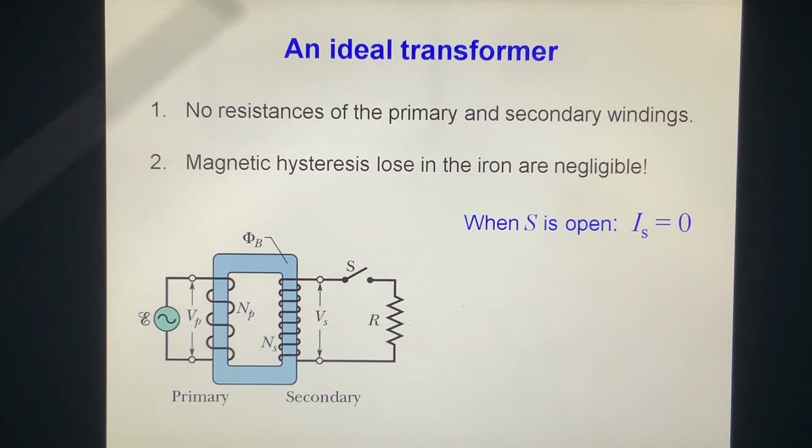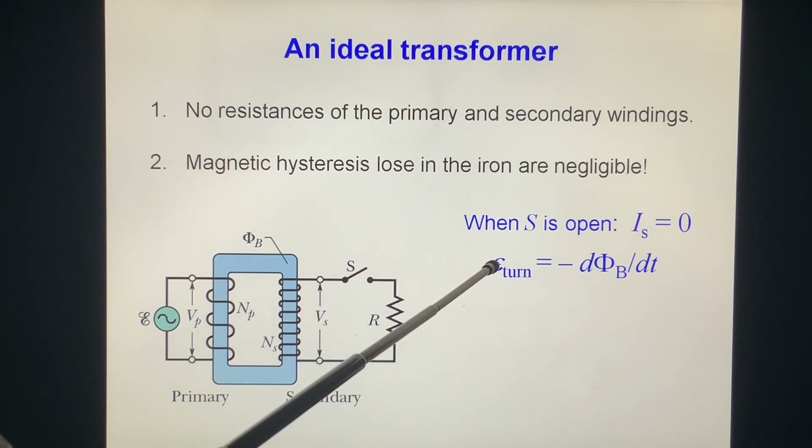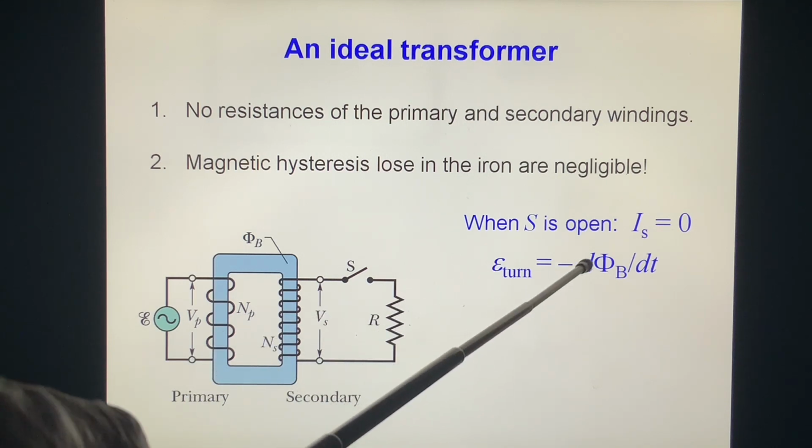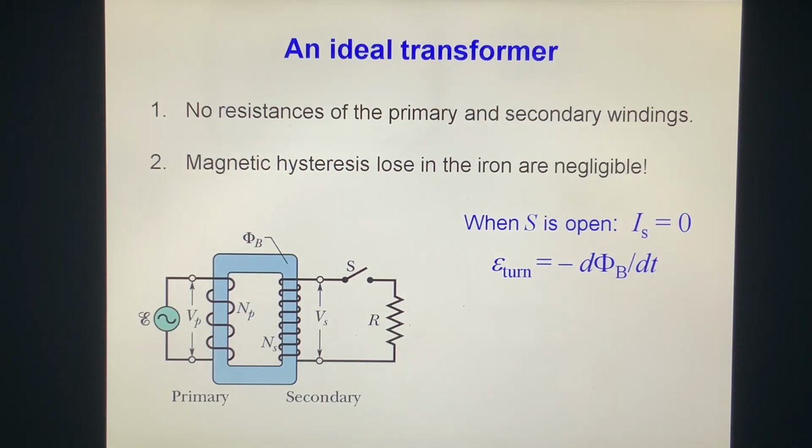Is equals 0. Each turn, the electromotive force induced is minus d phi by dt. So Vp is equal to Np epsilon turn, and Vs is Ns epsilon turn.